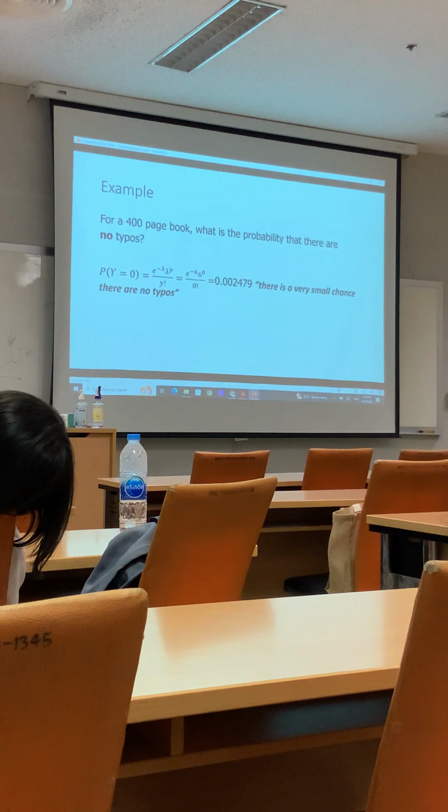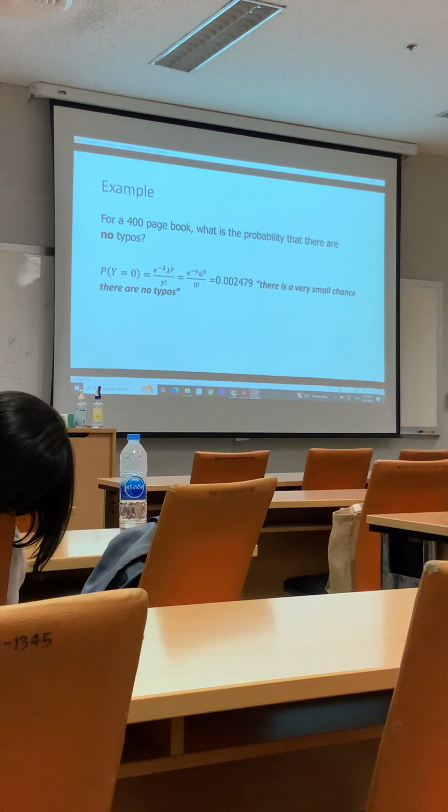If you have a book and the book is 100 pages, what is the probability that you will find a mistake? And imagine that the book increases in size from 100 pages to 400 pages.